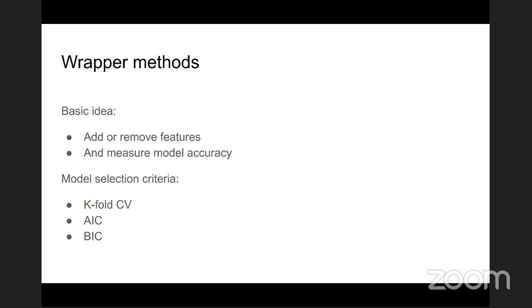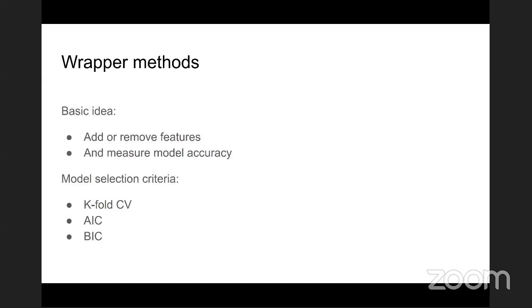So it will not be a simple correlation between xi and y. It will be a subset of features and how good they are at predicting y. We'll add or remove features and measure model accuracy. The model selection criteria will be k-fold cross-validation, AIC or BIC. So what are these?